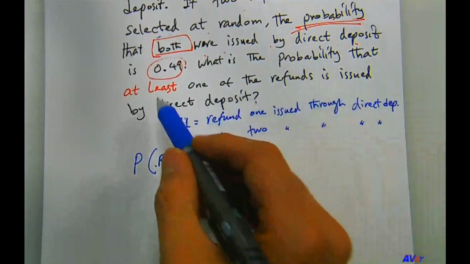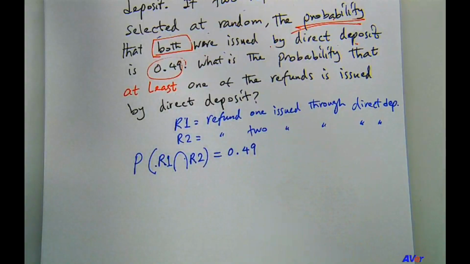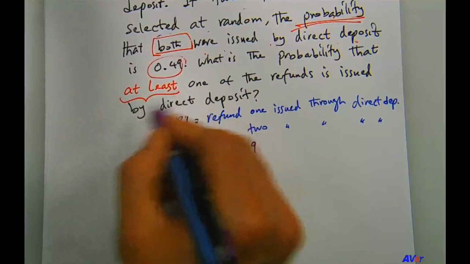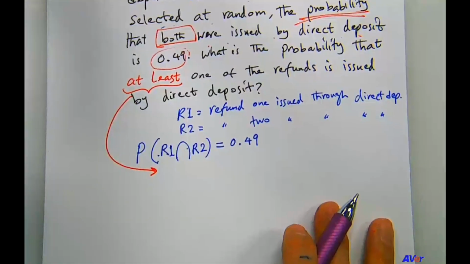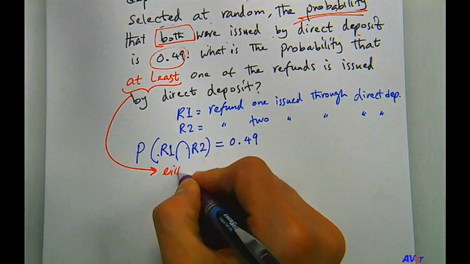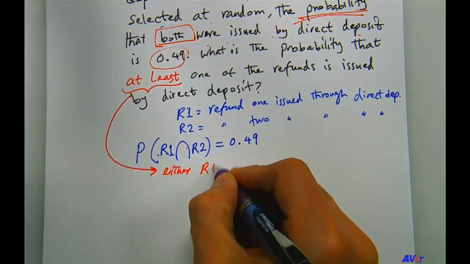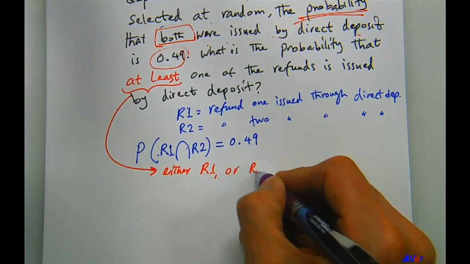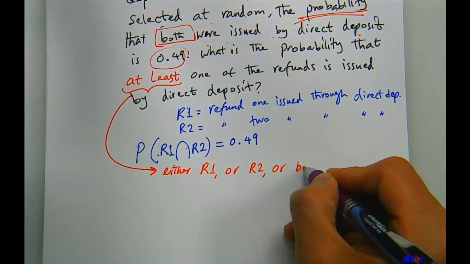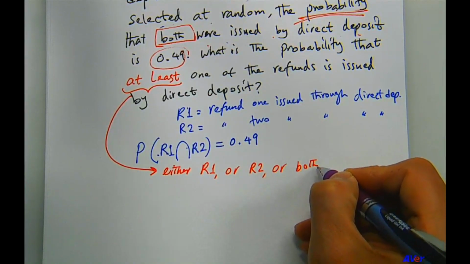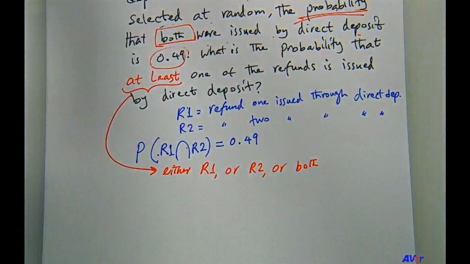Then what is the probability that at least one of the refunds is issued by direct deposit? At least translates to either R1 or R2 or both, right? Doesn't it? At least means either R1 was issued through direct deposit or R2 was issued as such or both. That's at least.